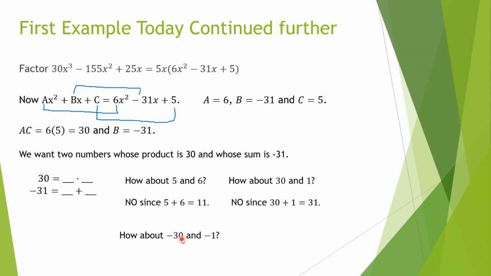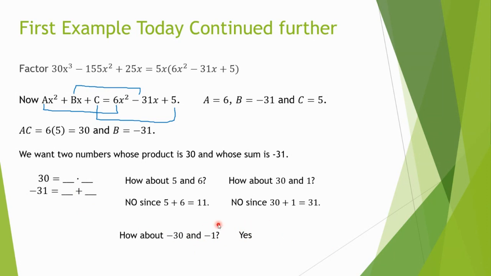So here we get negative 30 times negative 1, which is 30, and the sum is negative 31. So these two are going to work. Good.